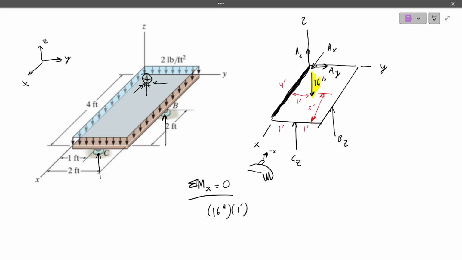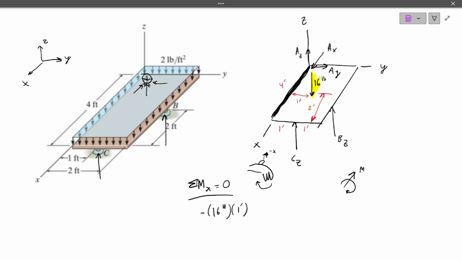It's not necessarily clockwise or counterclockwise because now we're in 3D. So that will be a negative 16 times 1 foot because it's pointing towards the negative x direction.